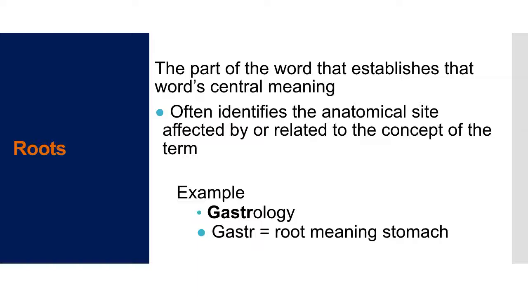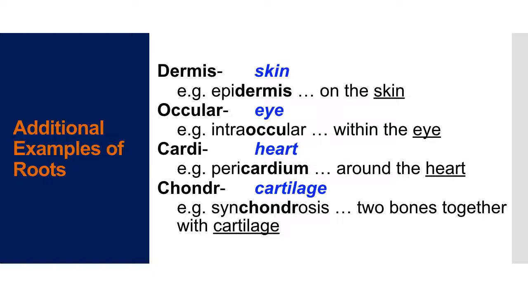Get it? Let's look at some more common examples. Dermis means skin. Remember when we were looking at prefixes, we talked about epi. If you take epi, which means on, as you learned, and then the root dermis, which means skin, that gives you the whole meaning of the word, which means on the skin.